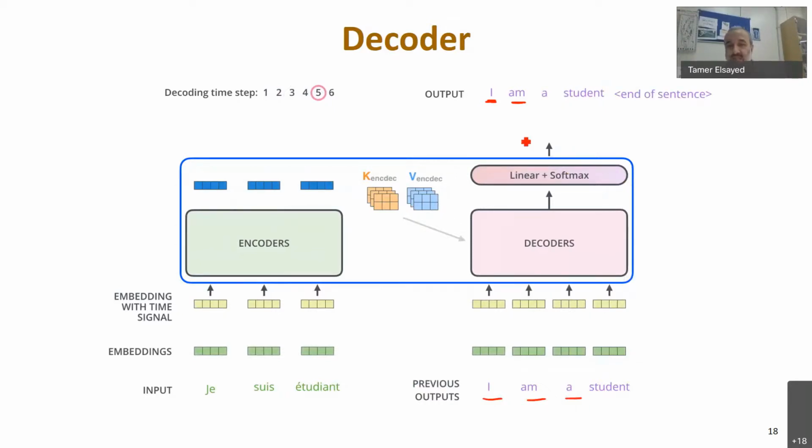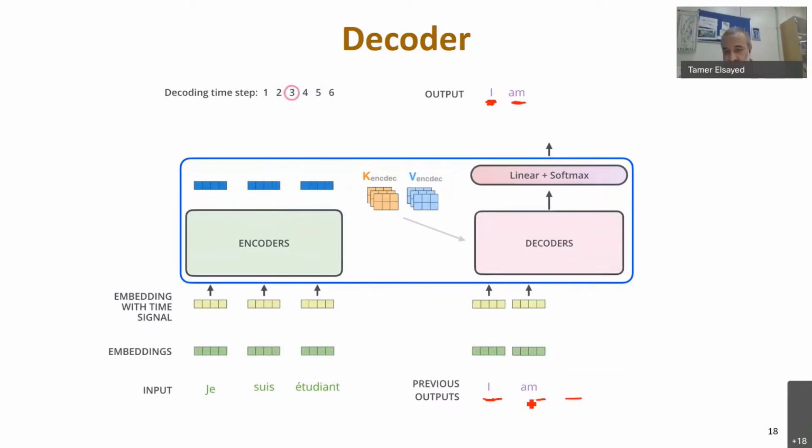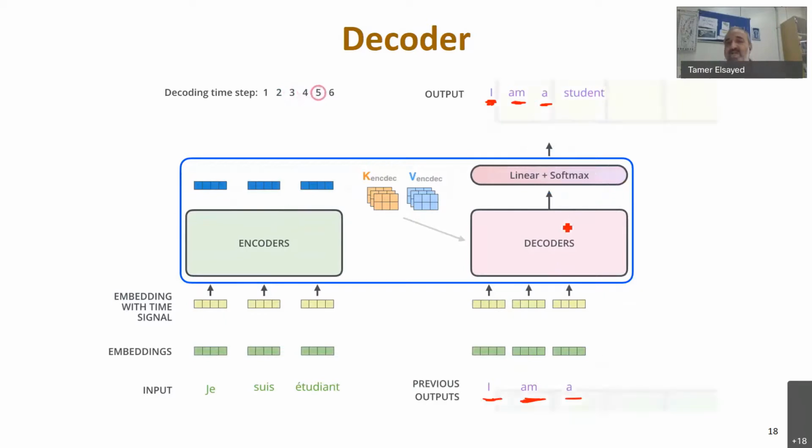At the beginning, the first one was I, so I will be input here to produce the next one, which is am. Then you will see am here, which will go through the decoder stack to produce A. Then I am A will go to the decoder and produce student, and so on. So every K words in the output will go as input to produce the K+1 new output term.